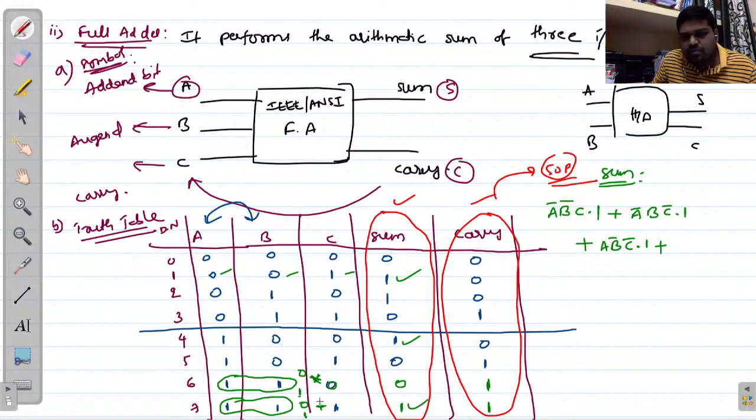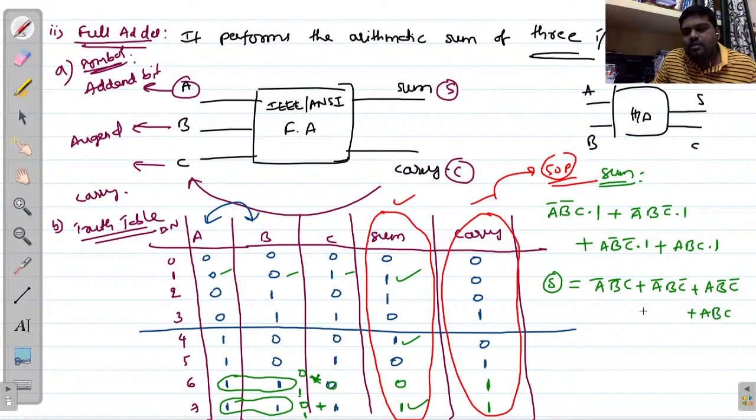Here all the inputs are 1, so I am taking a, b, c into 1. Now the sum s equals a bar, b bar, c plus a bar, b, c bar plus a, b bar, c bar plus a, b, c. Okay, this is our Boolean expression, right?